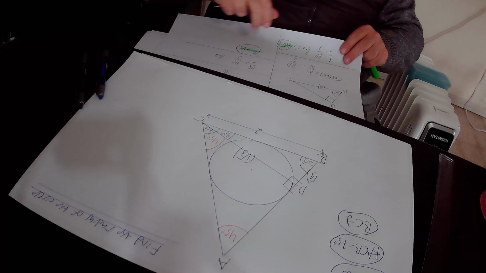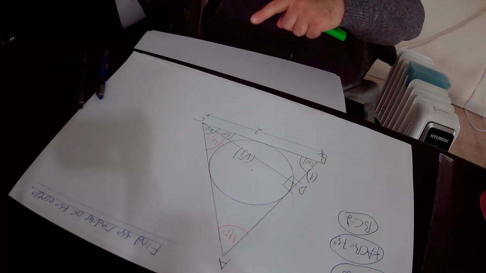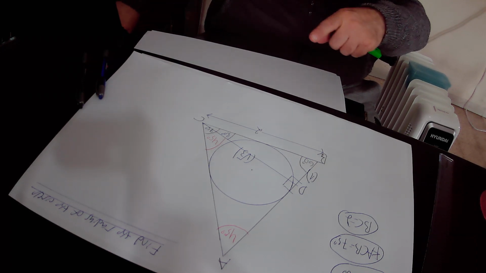In the next step, I will copy the right triangle ADC onto a new page and we'll analyze it.